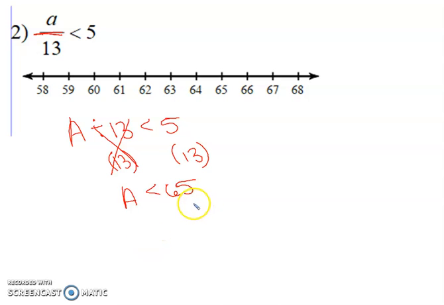Can I graph it that way? Yep, because I have variable, symbol, number. So it's going to be an open circle to the left. Left, right. The board says right so that you can see which direction right is all the time.